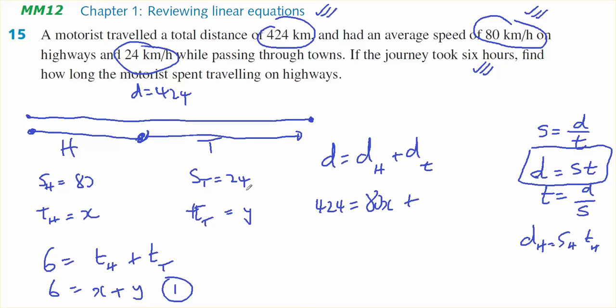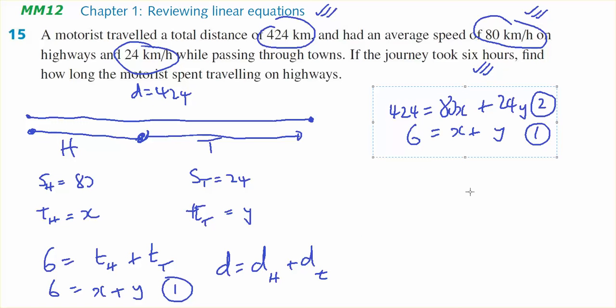And the distance in the town should be the speed through the town times the time, which is 24y. So there's equation number 1 and equation number 2. I've got 6 equals x plus y as equation number 1, and 424 equals 80x plus 24y.